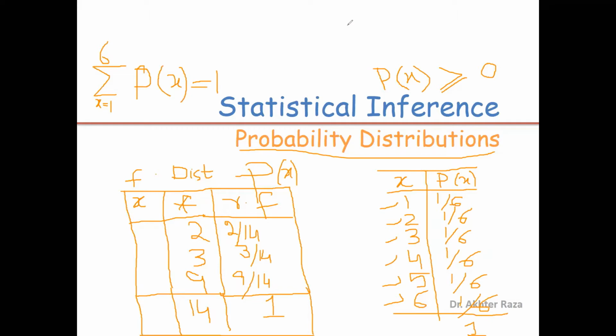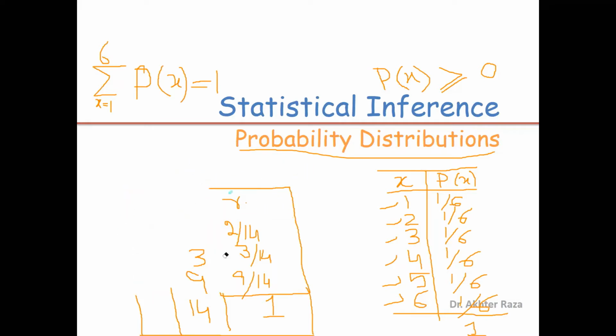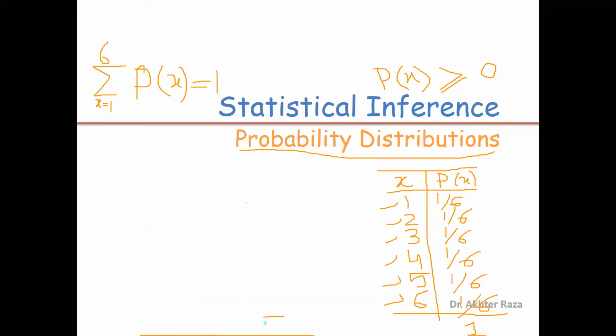In a probability distribution, one more thing is important, and that thing is what? The probability distribution can be represented in three different forms. What are those forms? Probability distribution can be represented in tabular form.